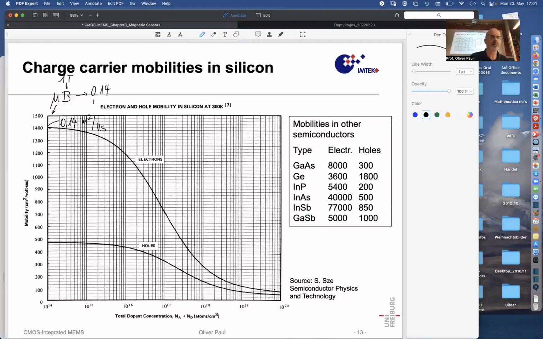It's a number that is smaller than 1, but not dramatically smaller than 1. It's not 10 to the minus 16 or something. It's of the order of 1. So with a Tesla, mu times B of a semiconductor like silicon that is shown here produces some decent effect.